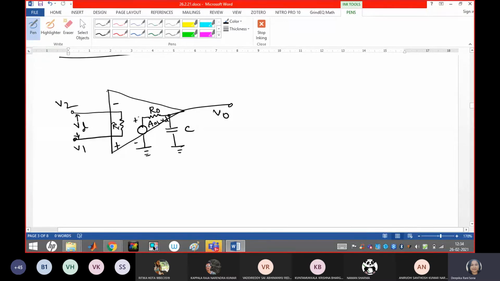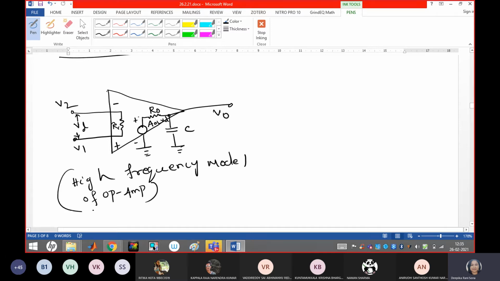This source. So this model we are using is the high frequency model of the op-amp.